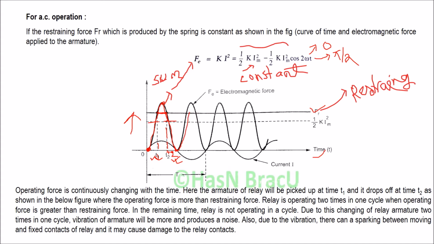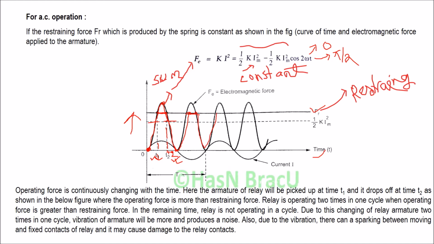So if the operating force is smaller than the restraining force, then the relay doesn't work. Again, from this instant to this instant, operating force is greater than the restraining force, so relay will again operate. And after this again, relay will not operate.